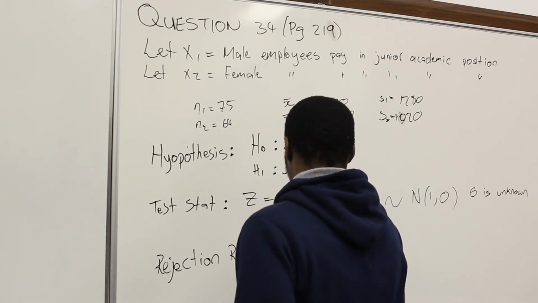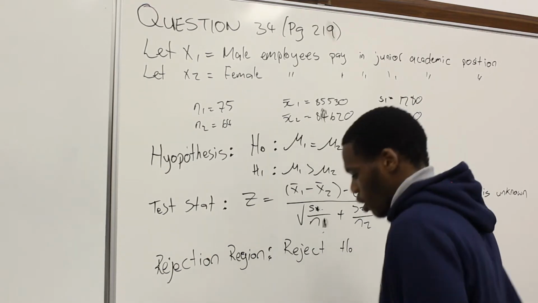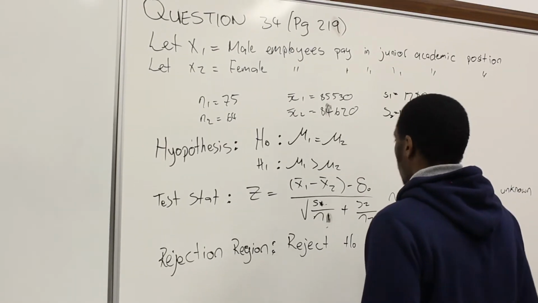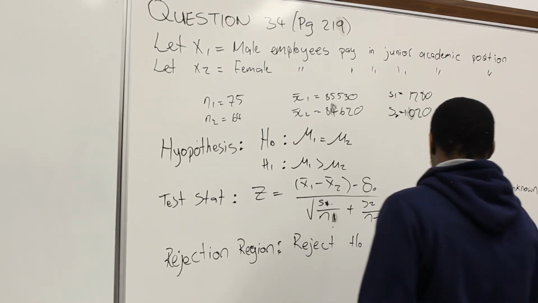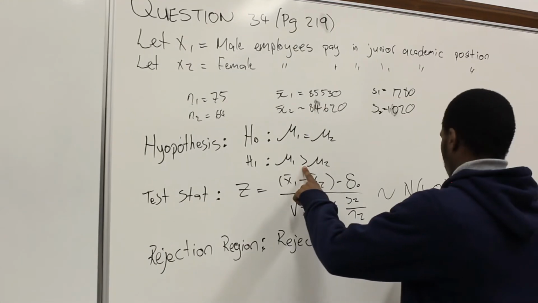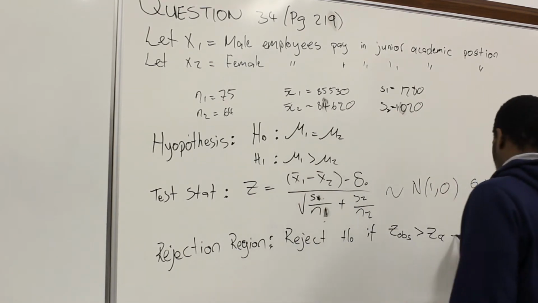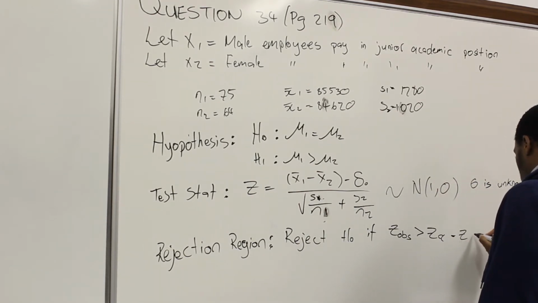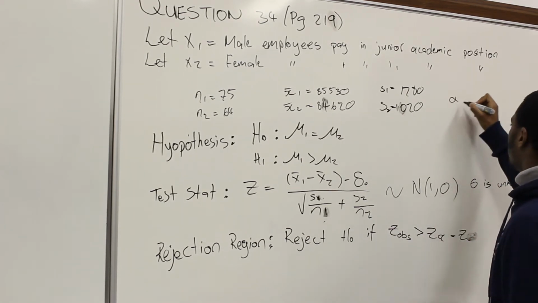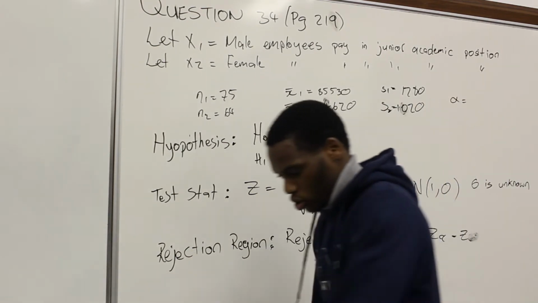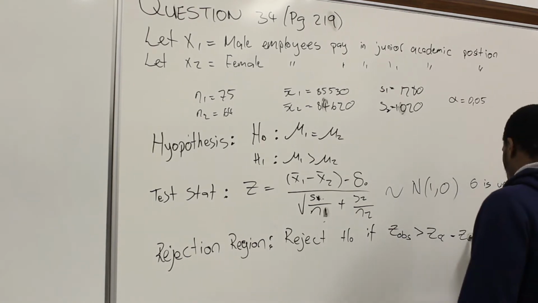We reject H naught if our observed Z is greater than the critical value, we use this sign here. We're given an alpha of 5%, which is 0.05. So we put it here.